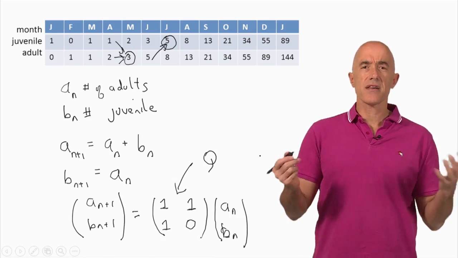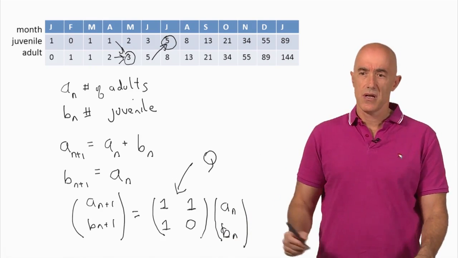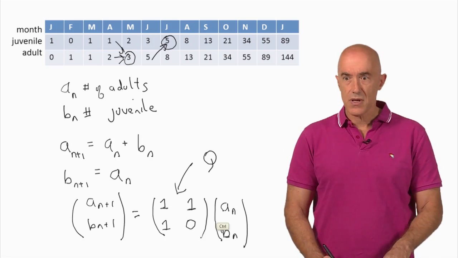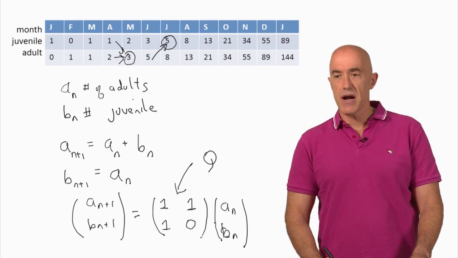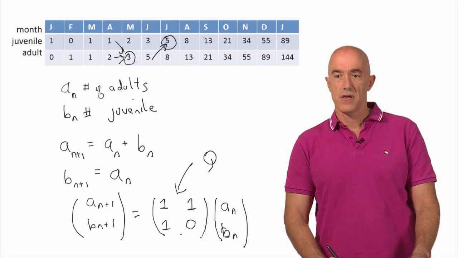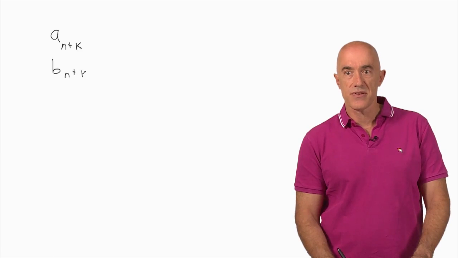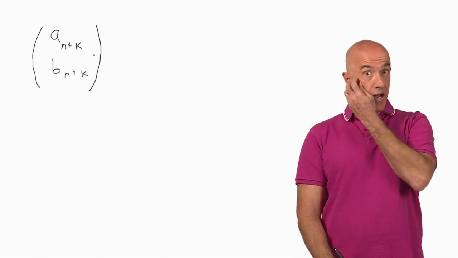So how does the Fibonacci Q matrix work? The Q matrix brings the population from the nth month to the n+1 month. That's what the Q matrix does. So if we want the population in the n plus k month, if we want to move the population k months forward, we need to multiply k times.